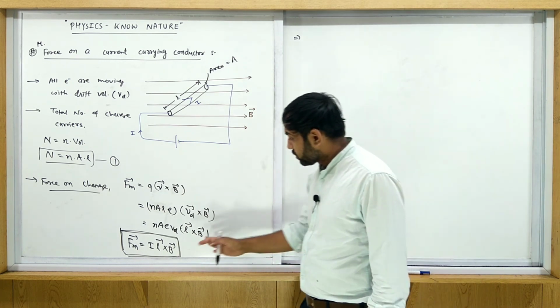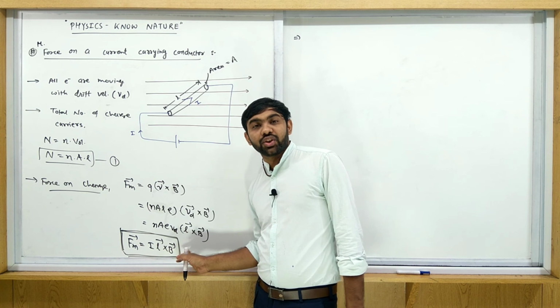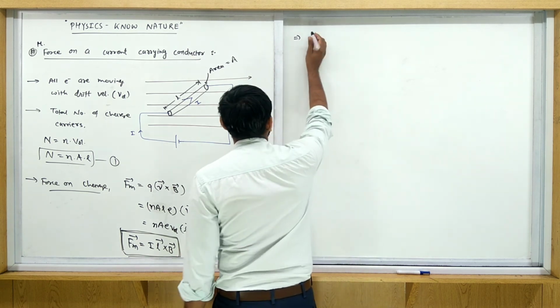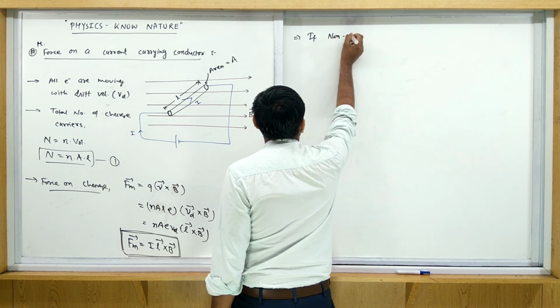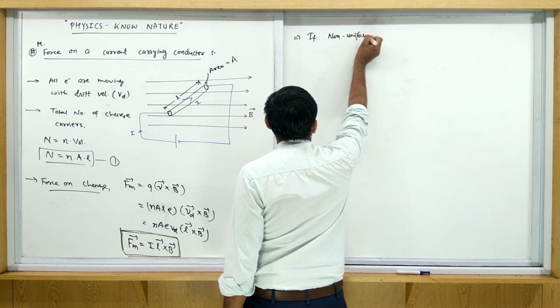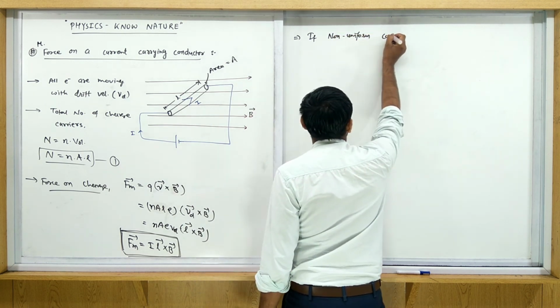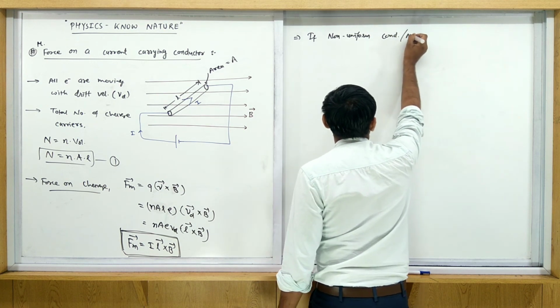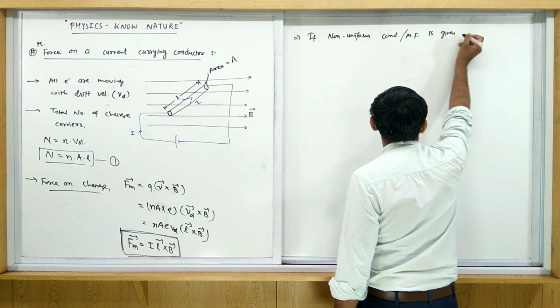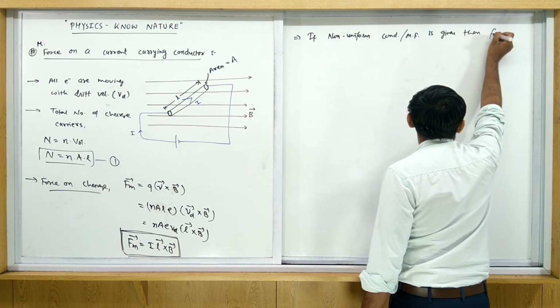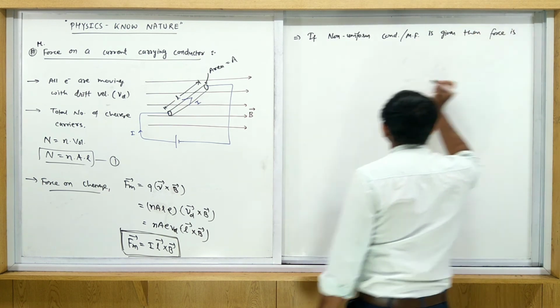At that time we use the same equation but in an integration format. So let us consider this one. If a non-uniform conductor or magnetic field is given, then the force is given like this.